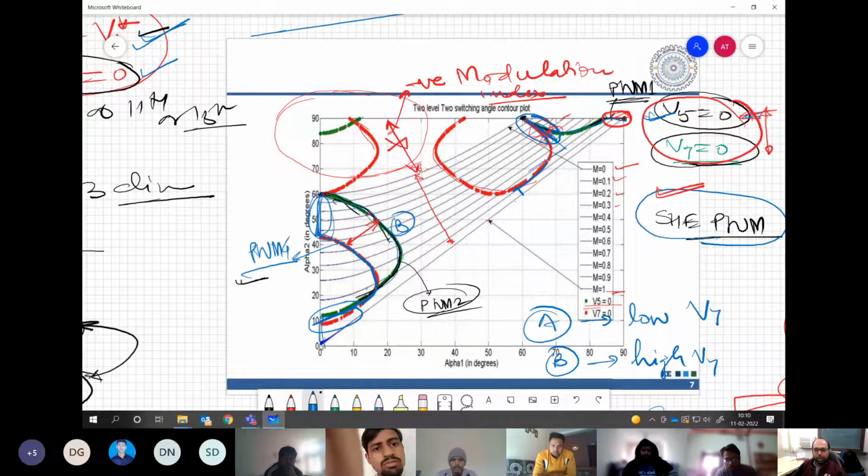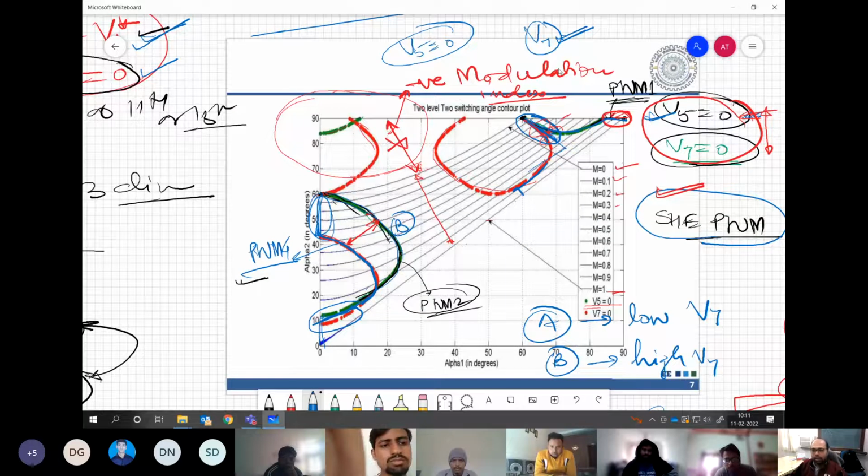Now, since we have multiple options, when we have already eliminated V5, we may look at the next most dominant harmonic, which is V7. Now we can look for the option which gives me a lower value of V7. So obviously this seems to be a better option. But we have seen some problems with SHE PWM.